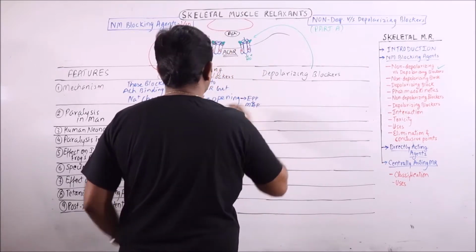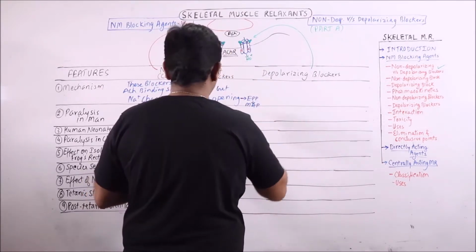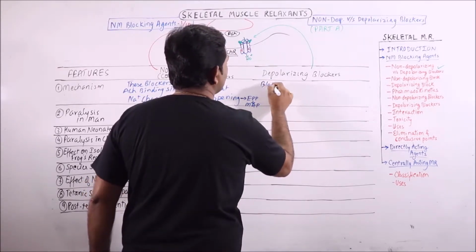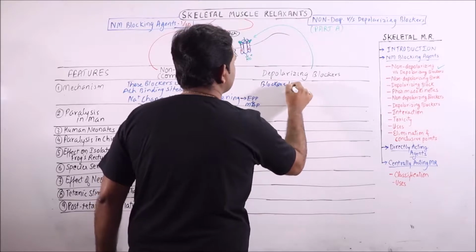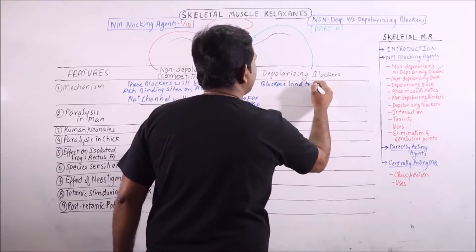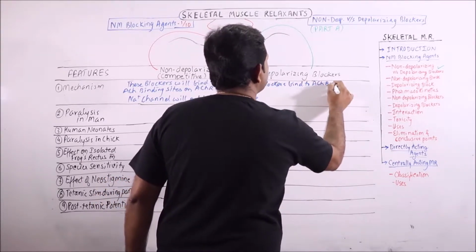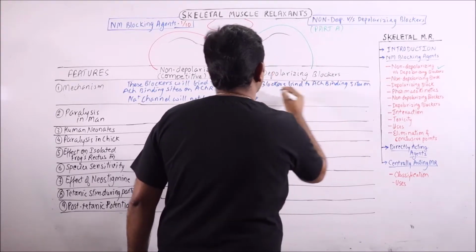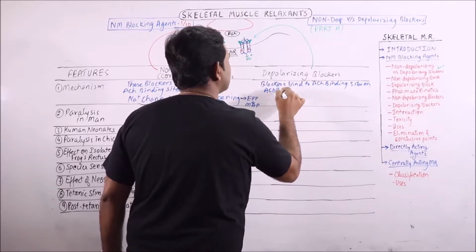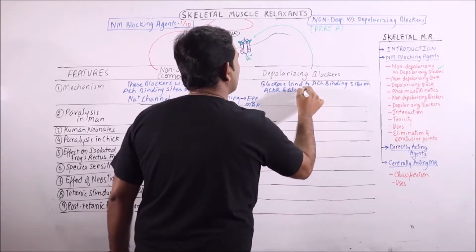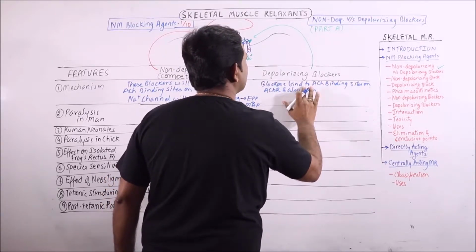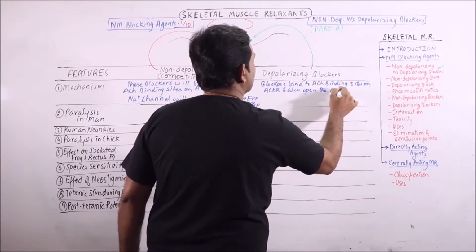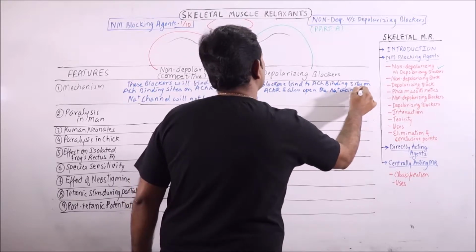So depolarizing blockers bind to acetylcholine binding sites on AChR and also open the sodium channels.